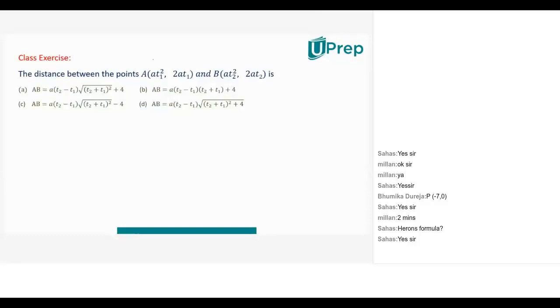So 3A square plus 3B square plus 8A is 16, which is presented in option C. Understood?